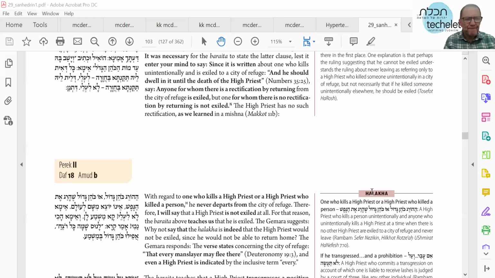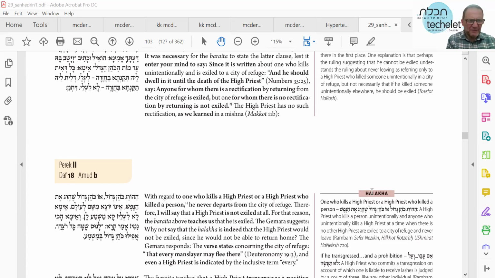Just a comment. The translation that was up on the screen didn't say murderers, it said killers. Yeah, I think that's correct, because a murderer does not go to the city of refuge. A manslaughterer, a killer by accident.